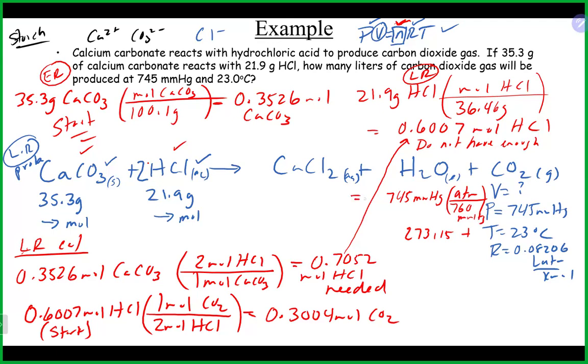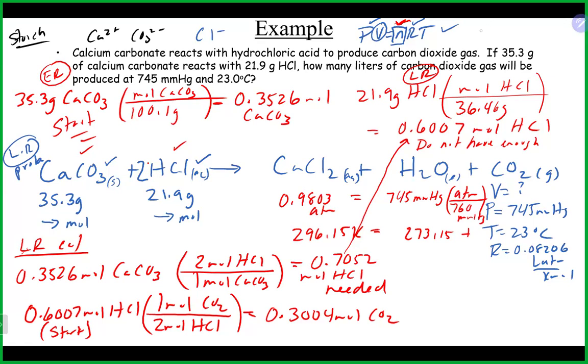So if we do both of those things, divide our pressure by 760, that will get us 0.9803 atmospheres. We add our 273.15 to our temperature, like pretty much normal. That'll give us 296.15 Kelvin. Now we actually do have everybody in the right units.